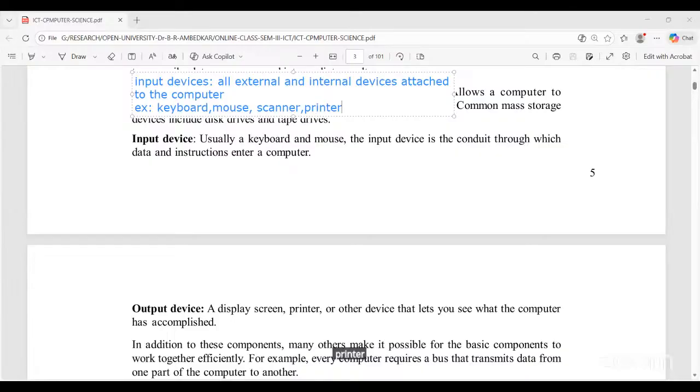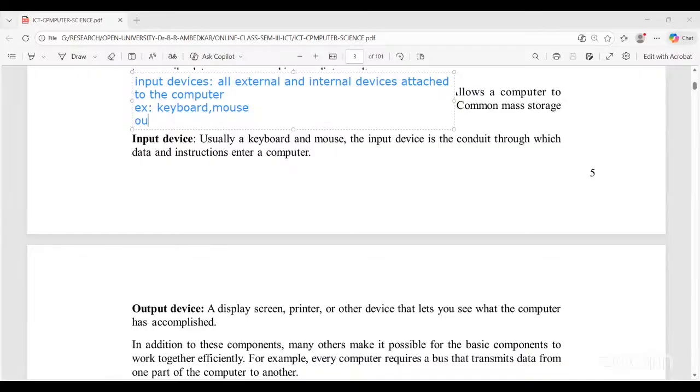So these are all devices. Especially, keyboard and mouse are the most popular input devices.